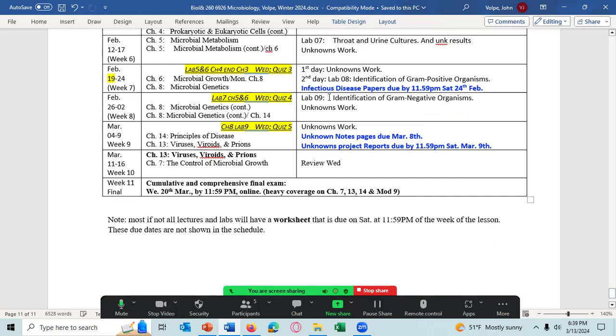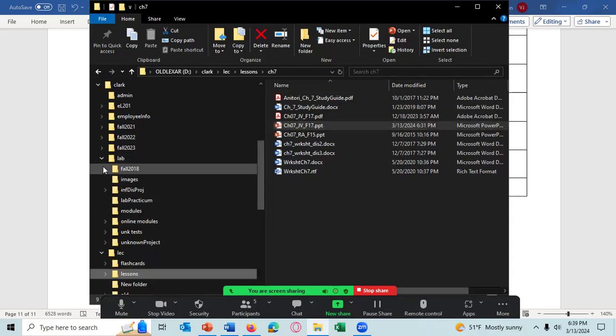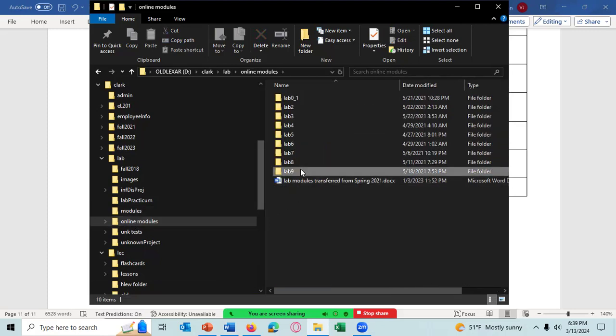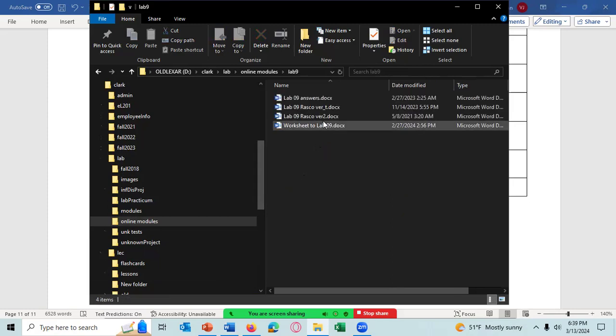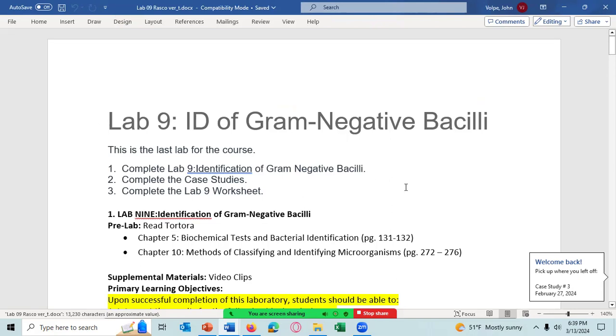So before I begin, let's begin with lab module 9: identification of gram-negative bacilli.